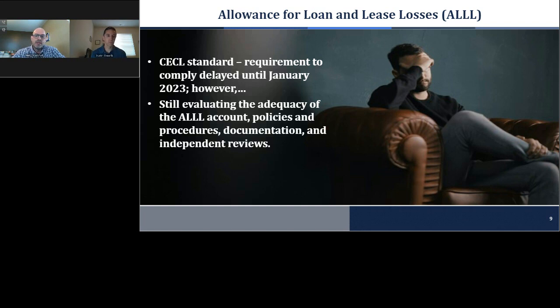Because of the pandemic, the CECL requirement has been pushed and delayed until January 2023. So you shouldn't have your examiners trying to determine where you're at in terms of implementation, and they've been advised not to assess any credit union efforts to transition until further notice.